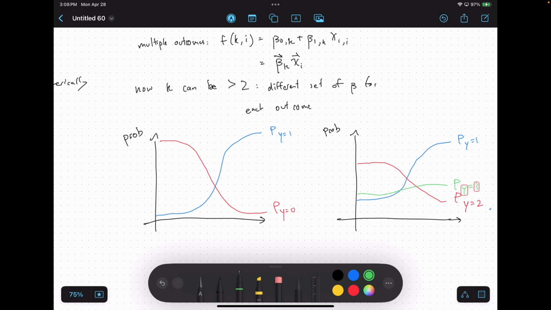I can calculate that line by doing 1 minus the sum of the blue and red probabilities. This probably doesn't look quite right. Given the way that I drew it, it should probably look more like that. It should go down. But hopefully you get the gist.